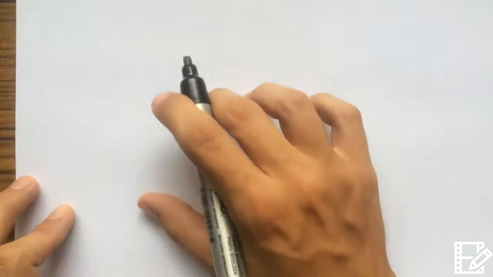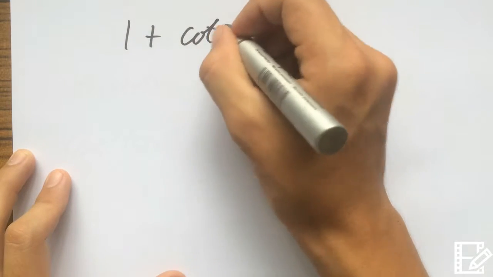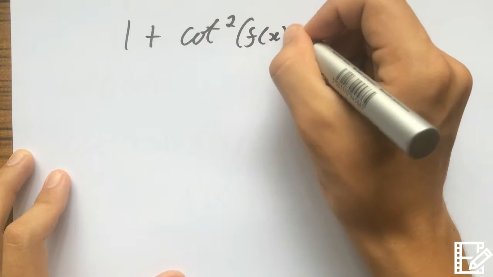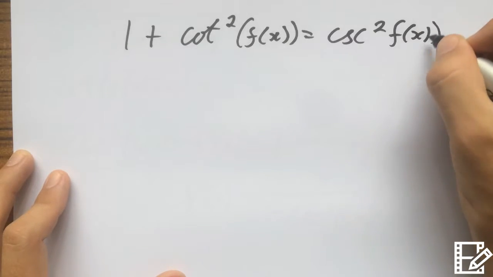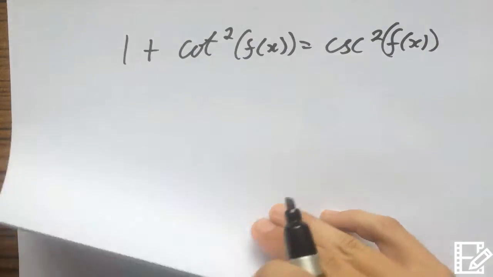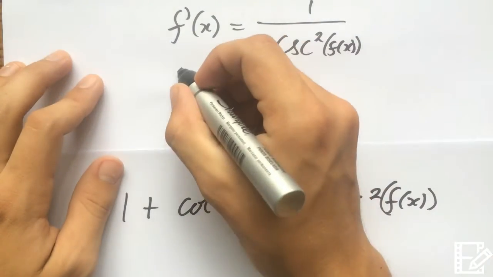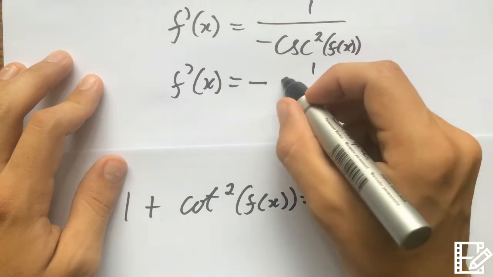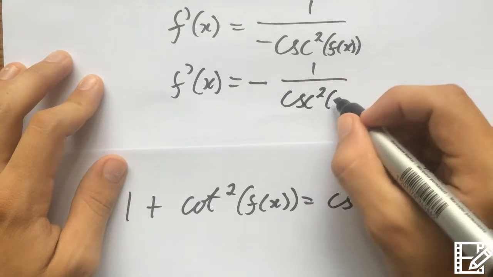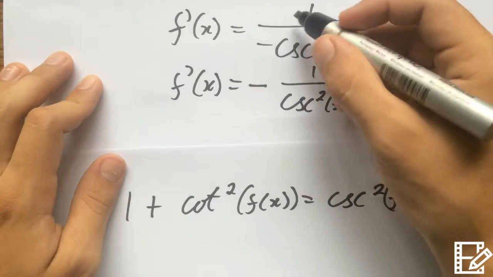Okay? Now, there's a trigonometric identity that says that 1 plus cot squared f(x) equals cosec squared f(x). Therefore, to make it easier for you to understand, I'm going to bring the negative out the front and have 1 over cosec squared f(x), only because if you have a negative on the bottom or the top, it's still a negative fraction.